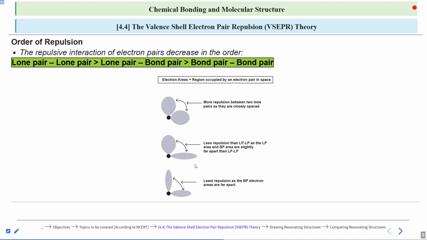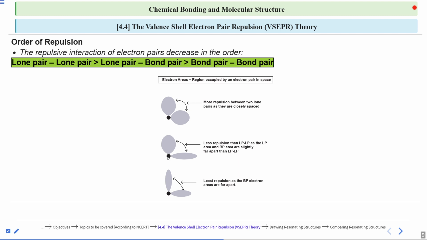As a result of that, the repulsion between these two lobes will be lesser. Okay, compared to the lone pair and lone pair, this lone pair and bond pair will experience less repulsion. Now, it can be easily seen in this diagram also that the spacing between these two pairs is very less.